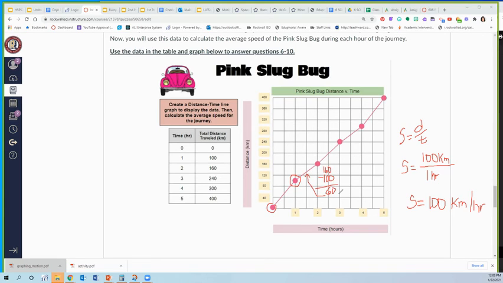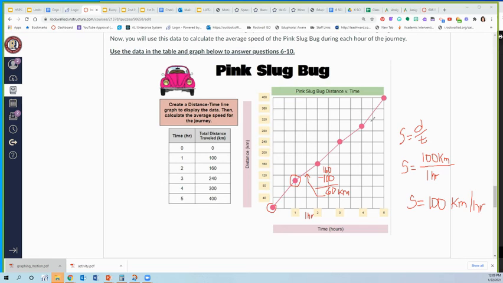This total distance is 60 kilometers. That's the change. So that's what I would use for my distance. And then from 1 hour to 2 hours, the total time change, that would be 1 hour once again. So that helps you out to get started on question 7, where it's looking at in between 1 and 2 hours.